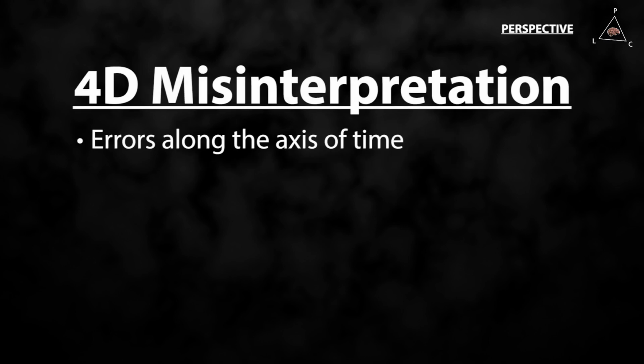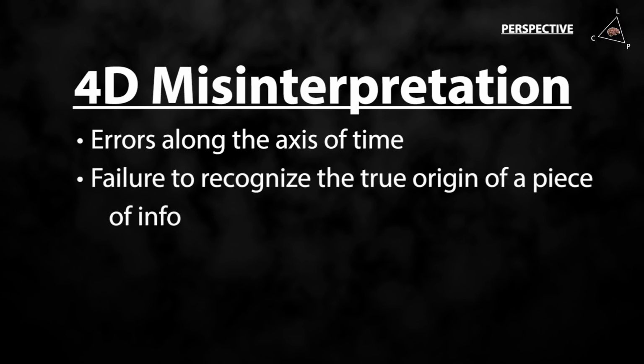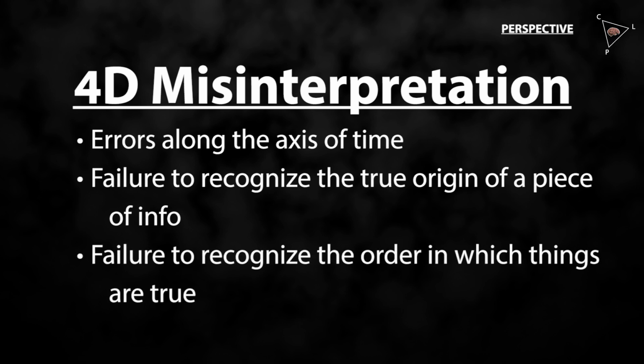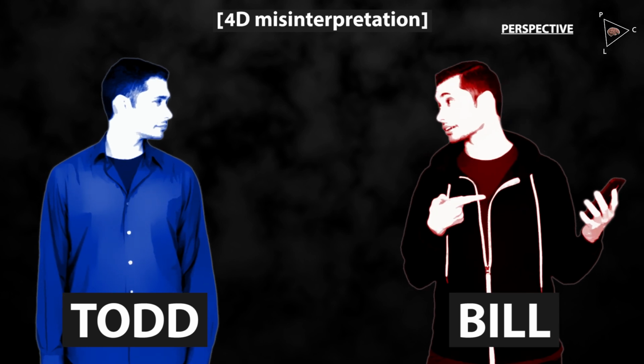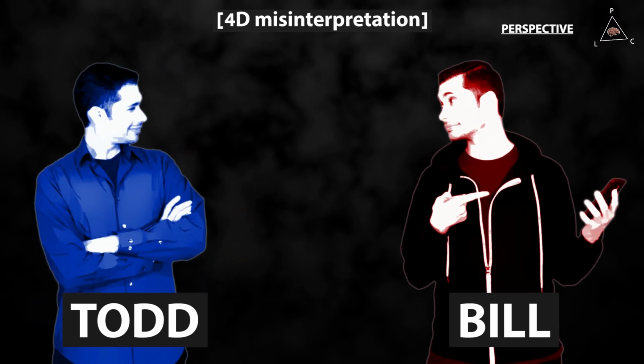At the 4D level, we can fail to recognize all possibilities and configurations along the axis of time, or fail to recognize the true sequence of events. This includes failing to recognize the true origin of a piece of information and the order in which things are true. As an example, Bill finds a piece of information on an internet message board and repeats it to Todd. Todd doesn't think that the information is true and challenges the idea.